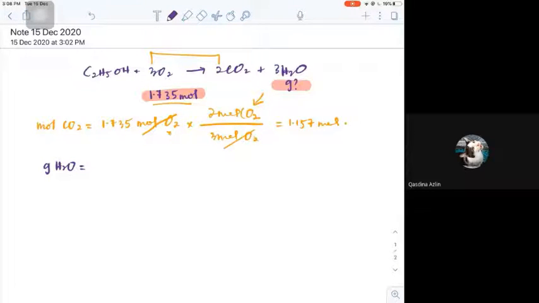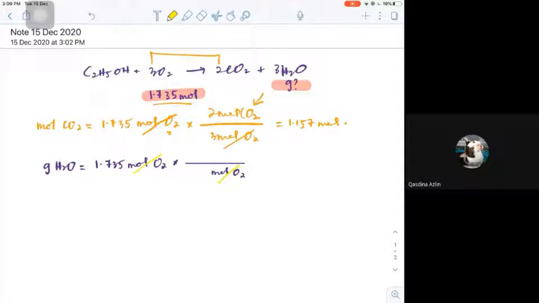Use the information that is given as your starting unit. Gram of H2O is equal to the starting unit, 1.735 mole of oxygen. So we know that we have to cut mole of oxygen, so we make it the denominator. Mole of O2 akan duduk bawah, so that we can cut mole O2 dengan mole O2.